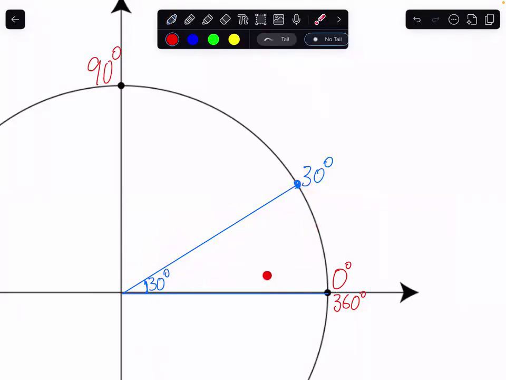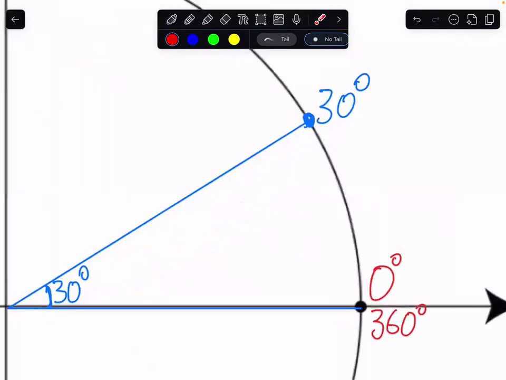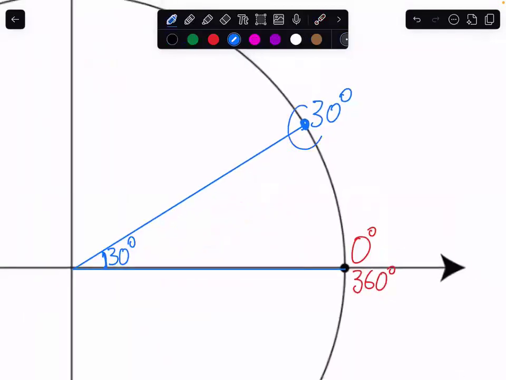There's some lines, but there are no right triangles. So we're going to create a right triangle. From that point on the edge of the circle, draw a line straight down that hits the positive x-axis in a right angle.